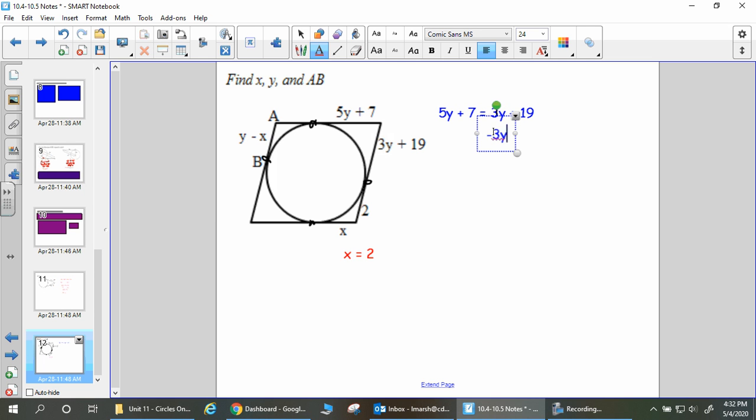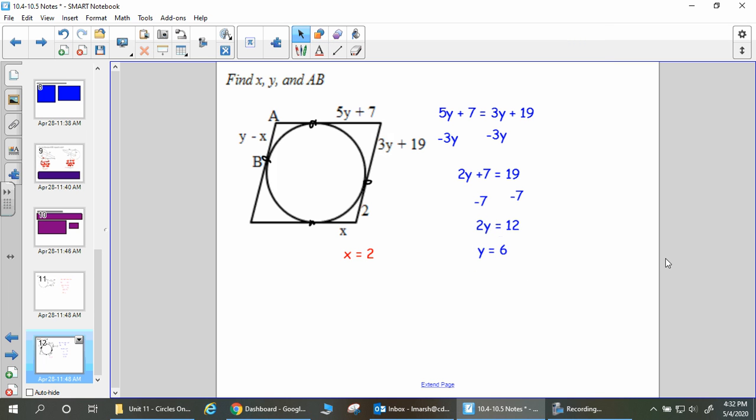So I'm going to minus my 3y from both sides. That makes 2y plus 7 equal to 19. We're going to minus our 7. 2y is going to equal 12. Divide by 2, y will equal 6.